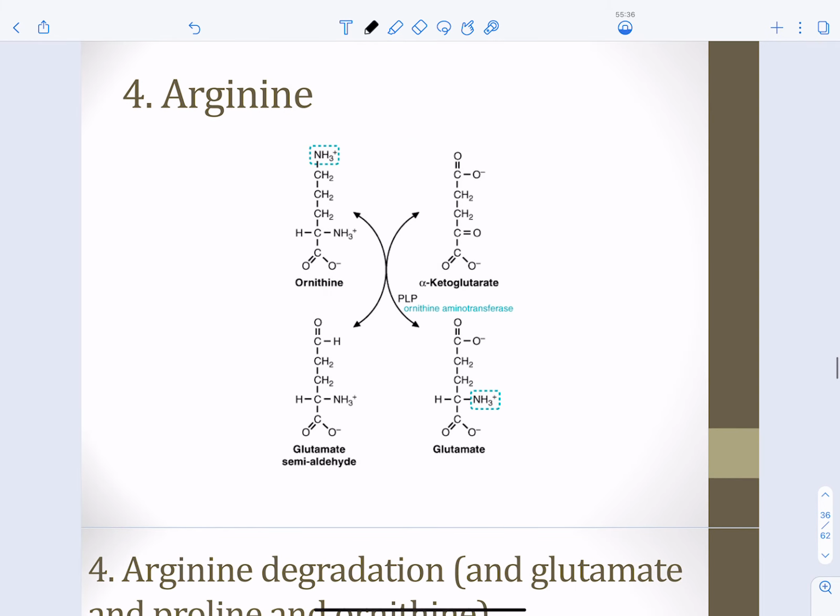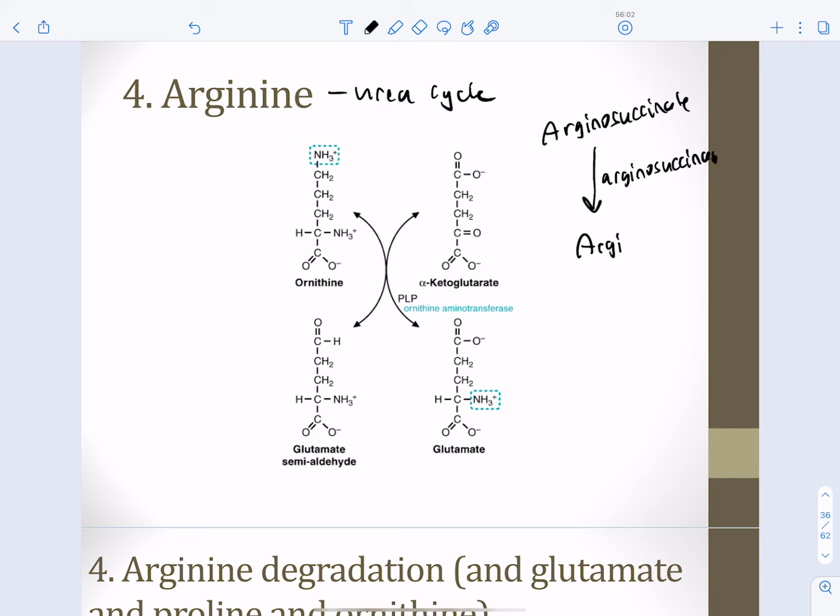Our next amino acid is arginine. So arginine is part of the urea cycle. So remember we had argininosuccinate, and this has argininosuccinase to get arginine and fumarate.